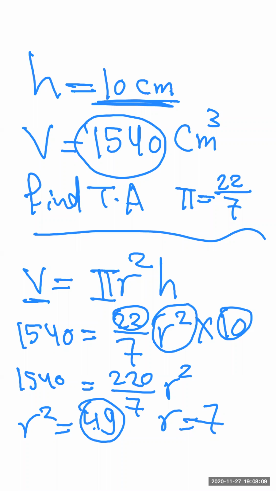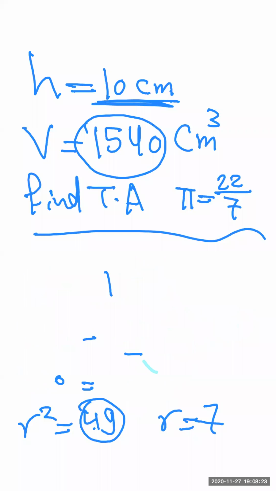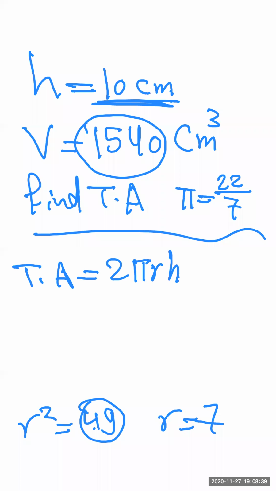Okay, now I want to get the total area. Let me clear this one so that we can write down the rule of the total area. So what is the rule of the total area? Total area equals lateral area, which is 2πrh, times height, plus twice the area of the base, which is 2πr squared.